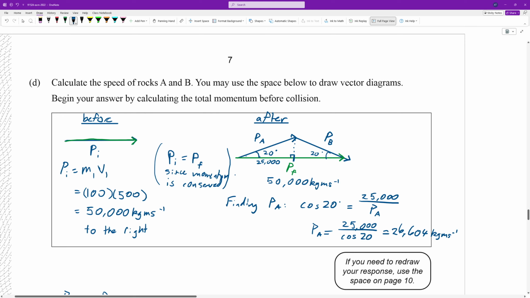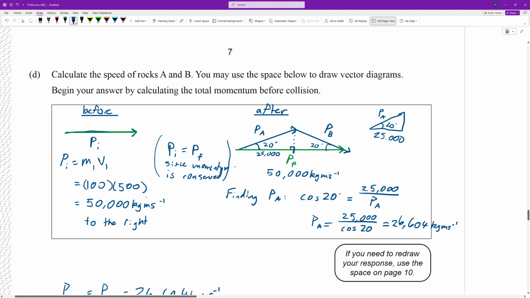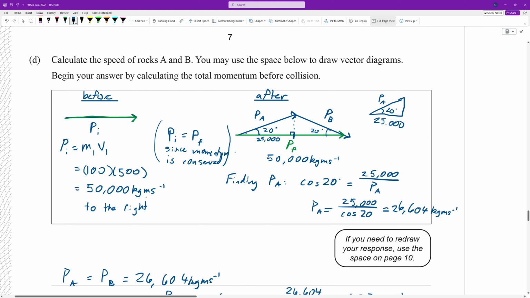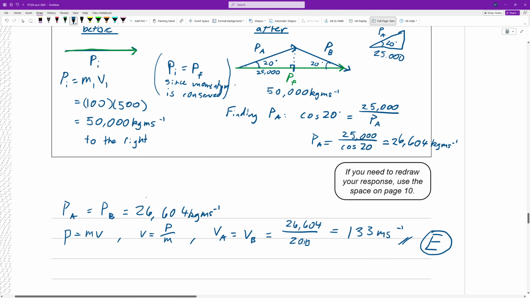Half of 50,000. And so I made a triangle that looked like this. 25,000, 20 degrees, and I could solve for PA, right? Using cos of the angle equals adjacent over hypotenuse, rearrange for hypotenuse to get 26,604 kilogram meters per second. And notice PA is more than 25,000, which is why it was a vector sum rather than a scalar sum. So just keep that in mind.